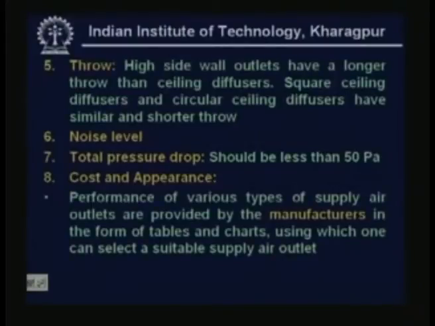Normally performance of various types of supply air outlets are provided by the manufacturers in the form of tables and charts, using which one can select a suitable supply air outlet. Okay.